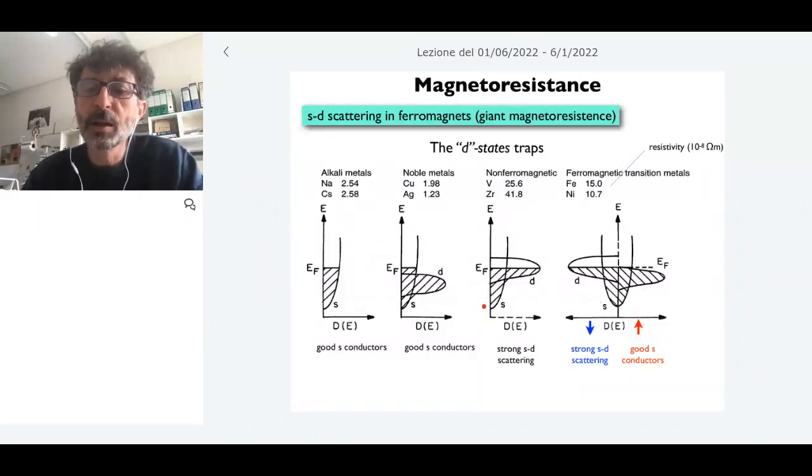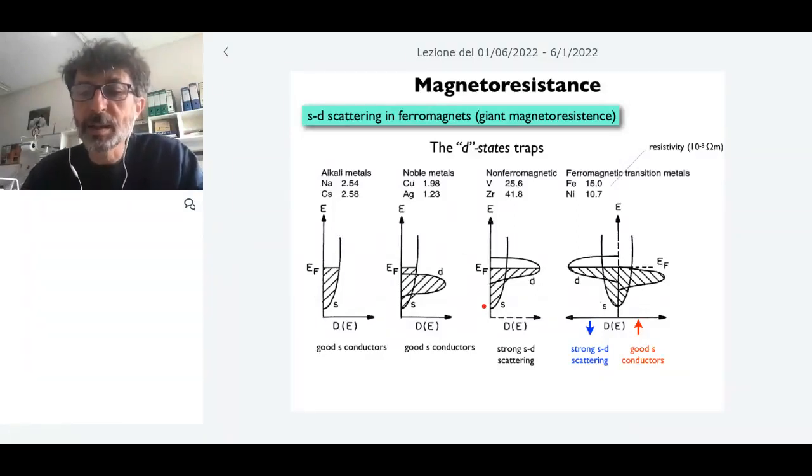They will very often leave the very mobile state in order to occupy the very localized states of the d band. So if you have only S states at the Fermi level, this means much better conduction. If the Fermi level is crossing the d states, then the conduction is very bad, because it creates scattering between the S electrons and the d electrons.